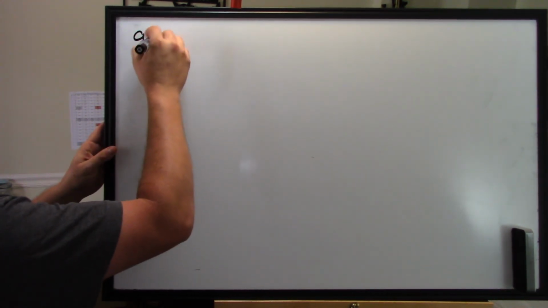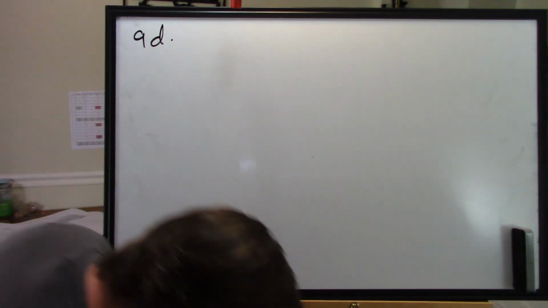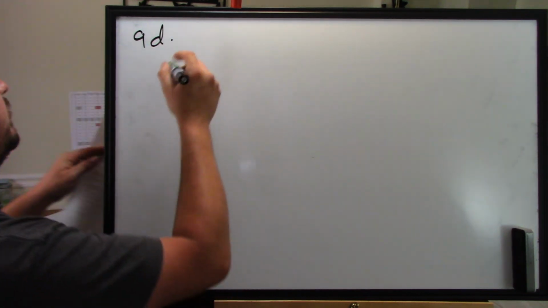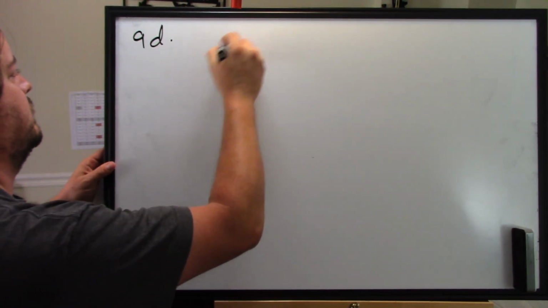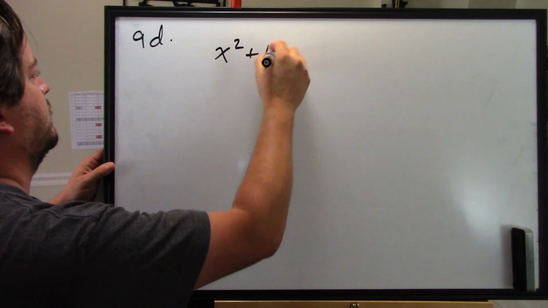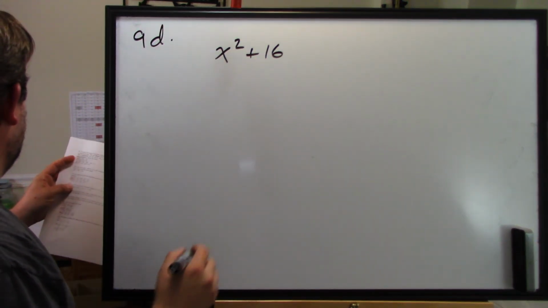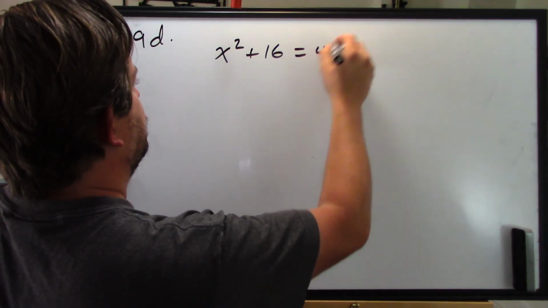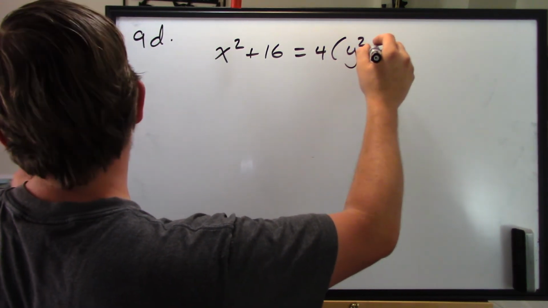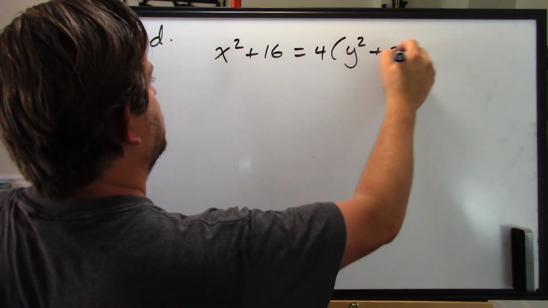Let's look at 9D. 9D is, x squared plus 16 equals 4 times y squared plus 2x.